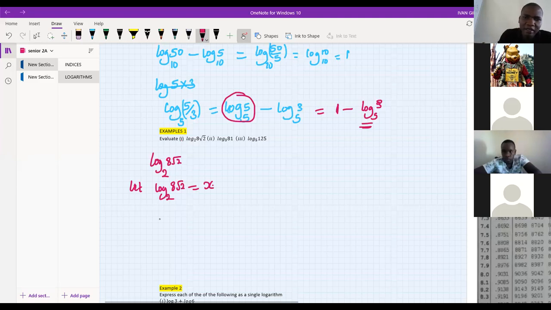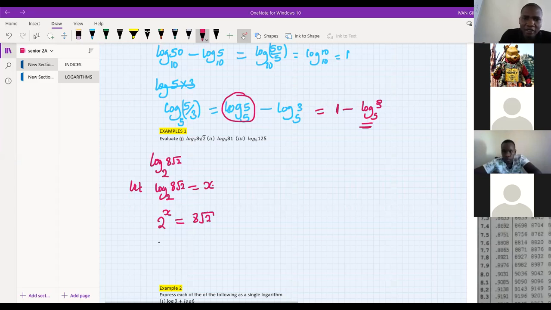According to the definition of logarithms, 2 to the power of x is equivalent to 8 root 2. Then we prime factorize the right-hand side so that we come up with the same base. We know that 8 is the same as 2 to the power 3, and the root of 2 is the same as 2 to the power half.